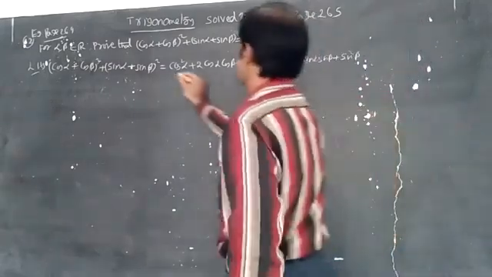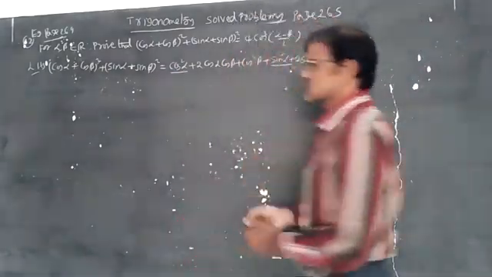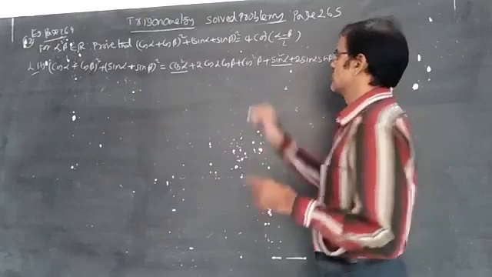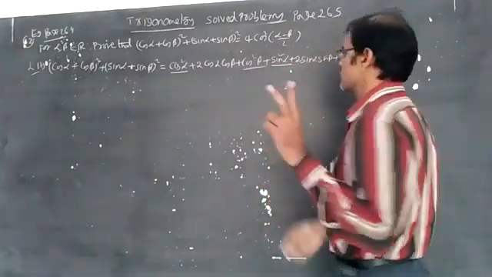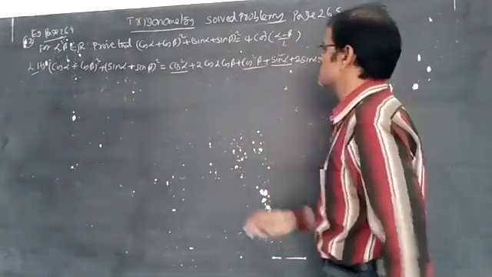Now, we know cos²alpha + sin²alpha = 1, and cos²beta + sin²beta = 1. So 1 + 1 becomes 2.